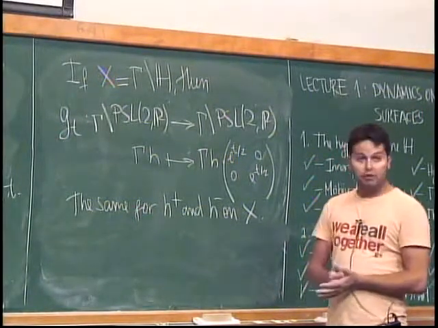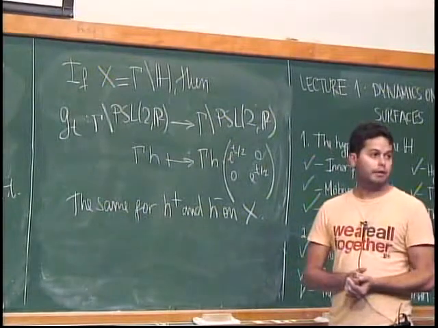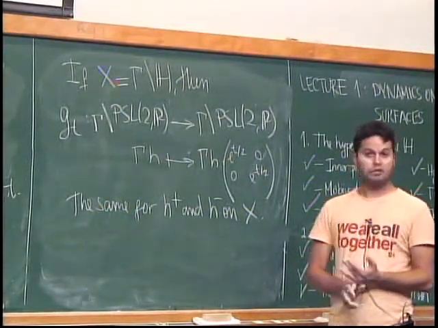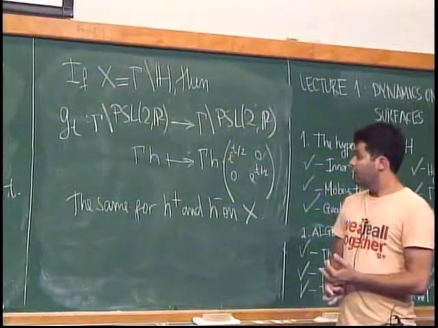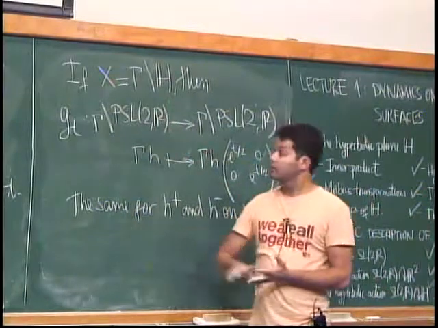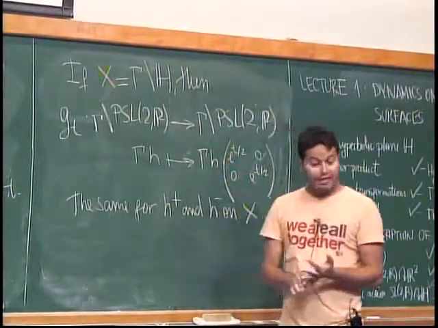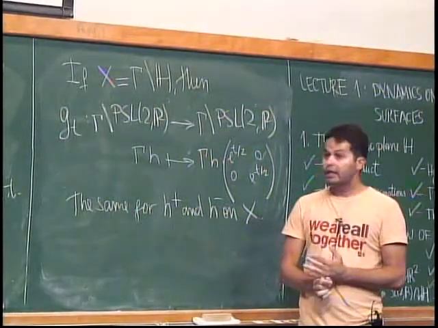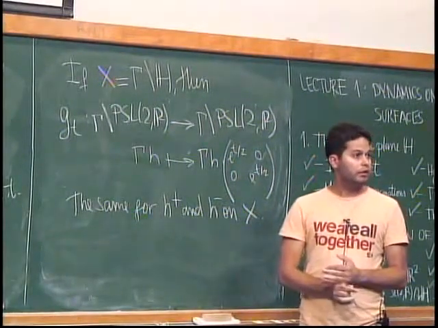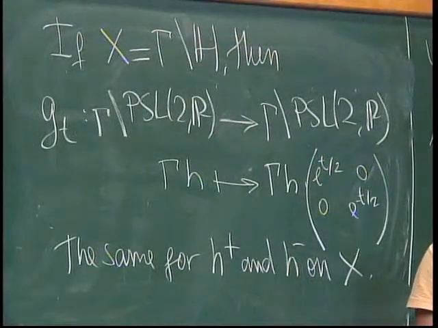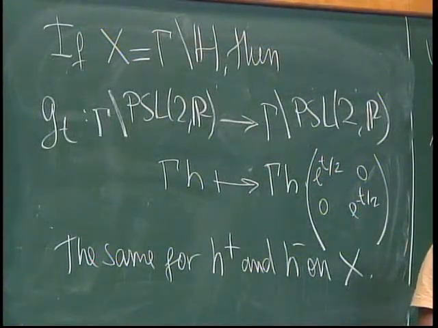But the horocycle flow is at the opposite end of the spectrum. The horocycle flow has zero entropy, and if this quotient is compact, it has no periodic orbits at all. Actually, it is going to be uniquely ergodic. So geodesic flow has many periodic orbits and many invariant measures.